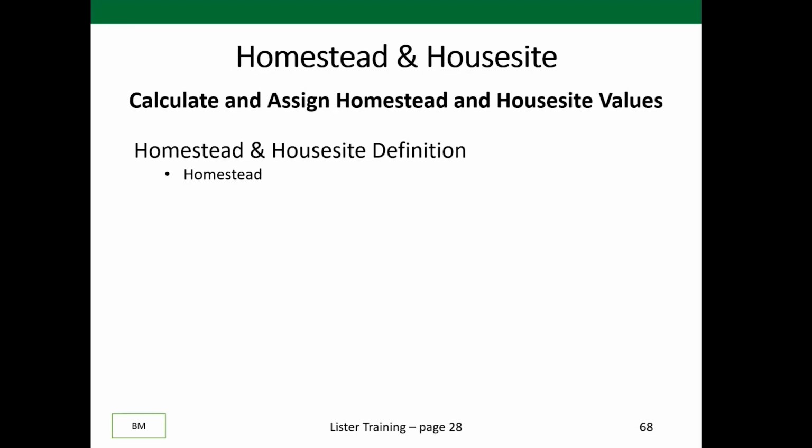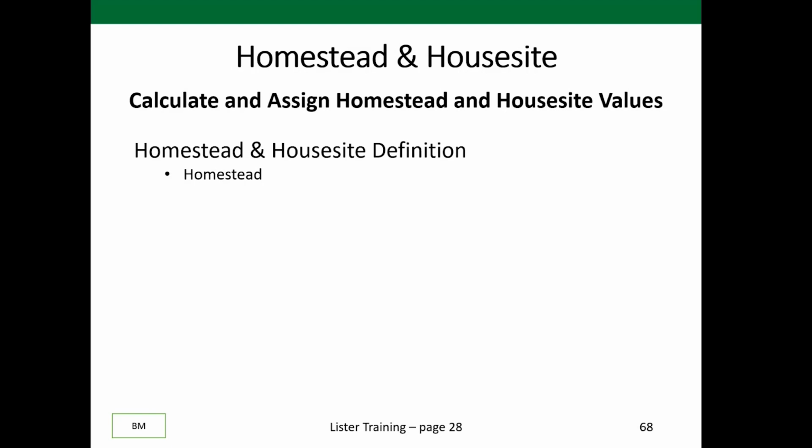The definition of the homestead is the principal dwelling owned and occupied by a Vermont resident individual as the individual's domicile. A homestead includes the entire parcel of land surrounding the dwelling, determined without regard to any road, river, or stream that intersects the land.